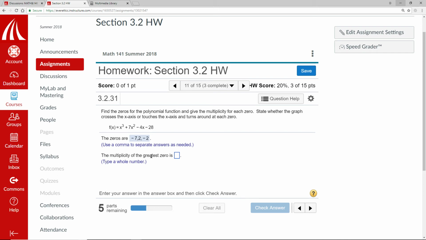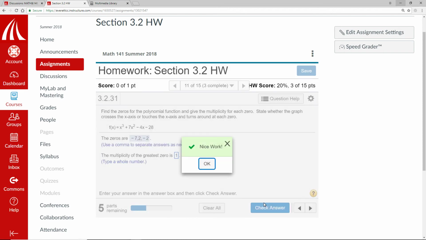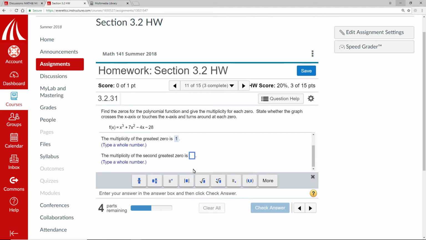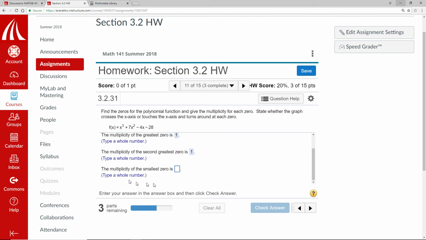The multiplicity of the greatest zero is, I would just say 1. There is no multiplicity. So we'll just say 1. Again, it would be 1 again. They all should be 1. It's kind of a tricky question.